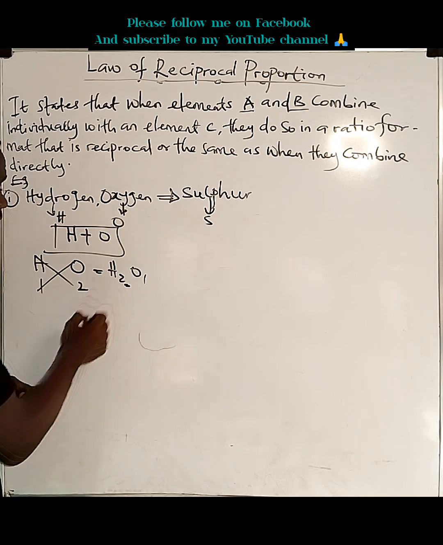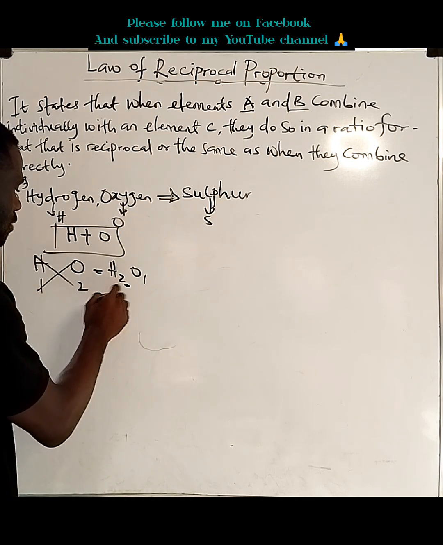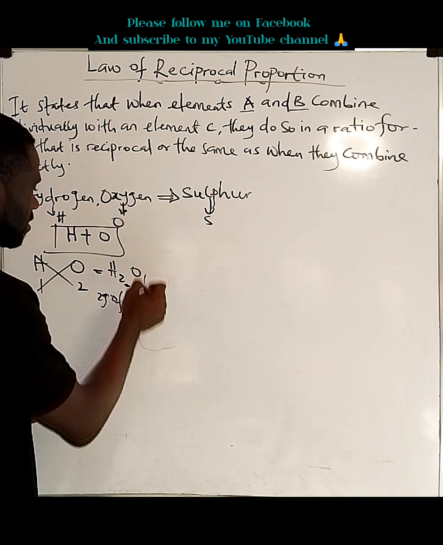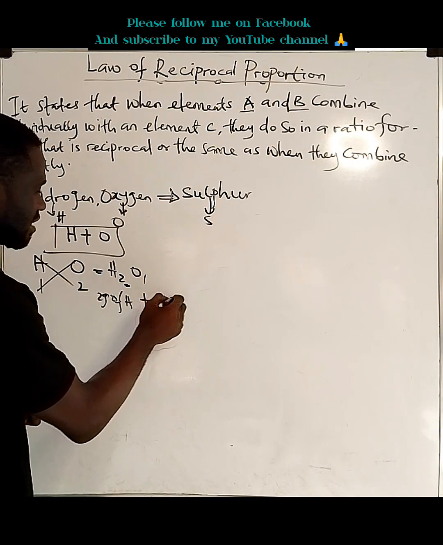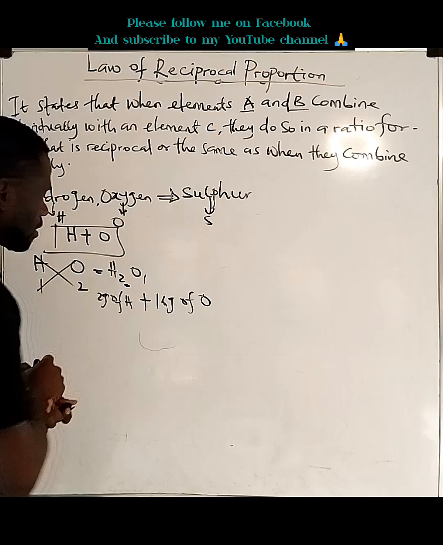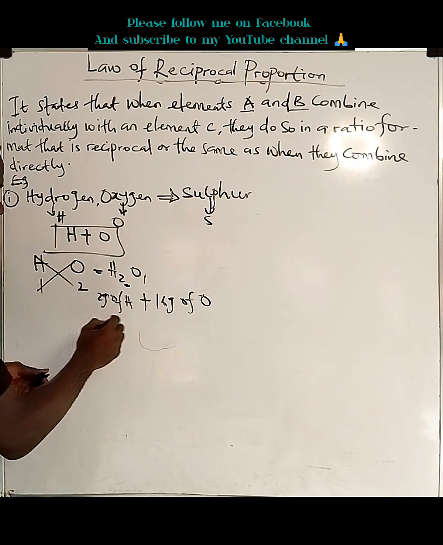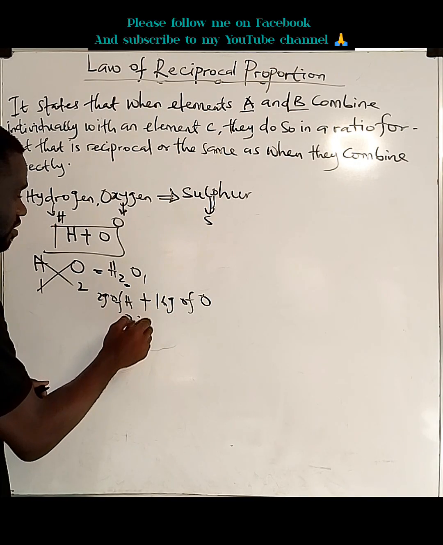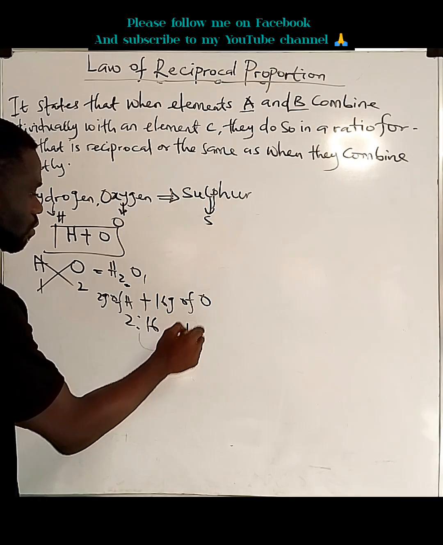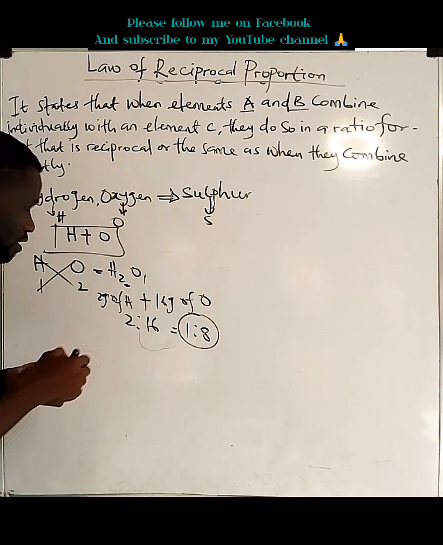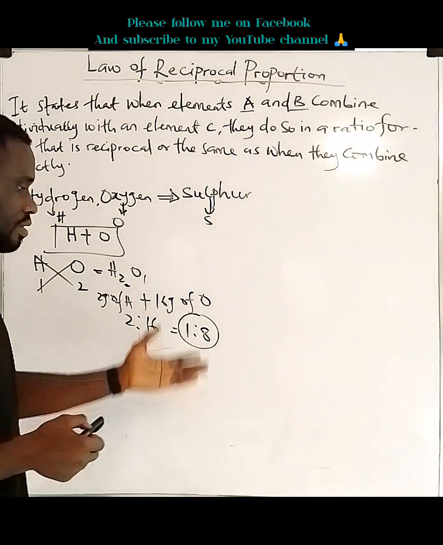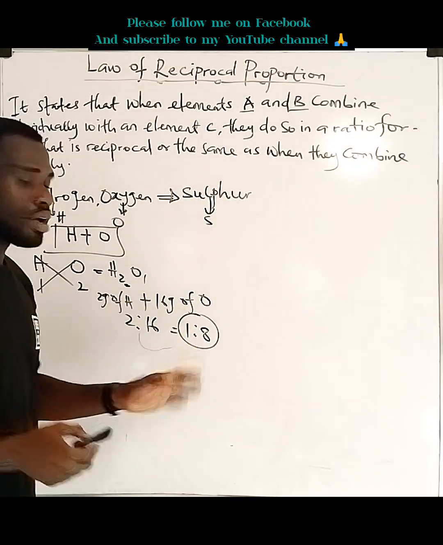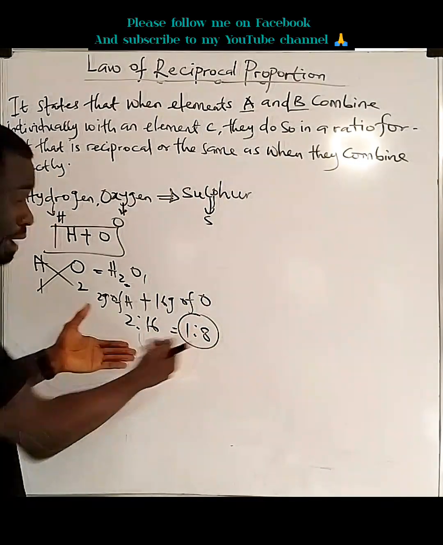H2O, that is, we have 2 grams of hydrogen plus, what's the atomic mass of oxygen? Plus 16 grams of oxygen. When we compare this, that's 2:16, which gives us 1:8. So when hydrogen and oxygen combine directly, we end up with 1:8 by the time you compare their masses together.